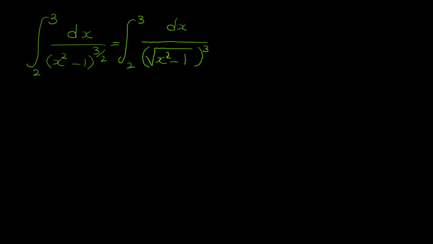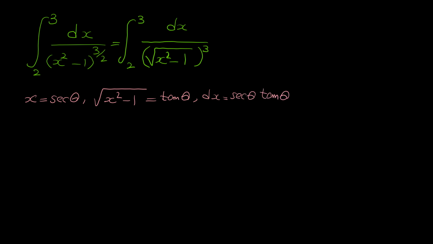But what substitution do we have to use? x equals a secant theta. What is a here? It is 1. As you can see, we have x² minus 1², or 1. So we use x equals secant theta. By this substitution, we know that the radical would be 1 tangent theta, or just tangent theta. And dx is secant theta tangent theta d theta.